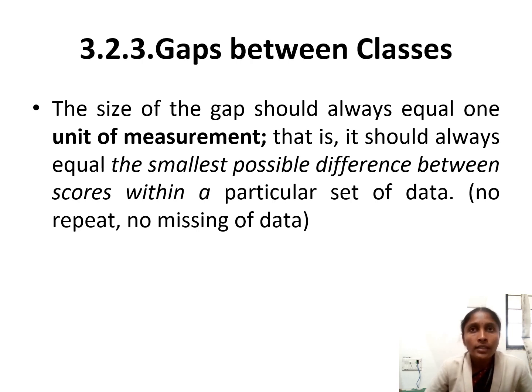Suppose the first class interval is 10, then we should follow the same for the remaining classes. The second class interval also should be 10, and the entire class interval should be the same 10. Suppose the first class interval is 1, then we can maintain the same interval for all the classes.